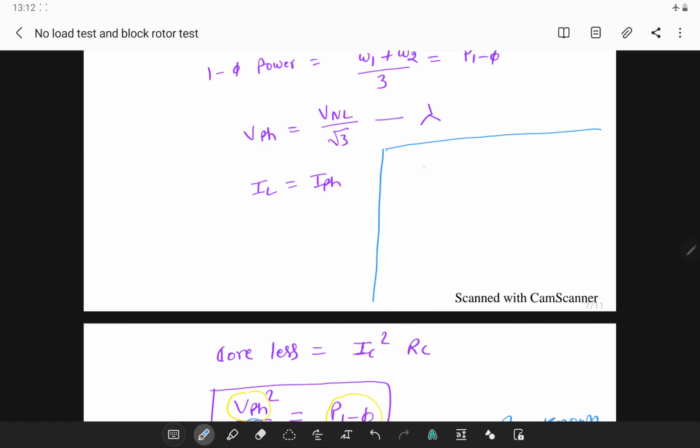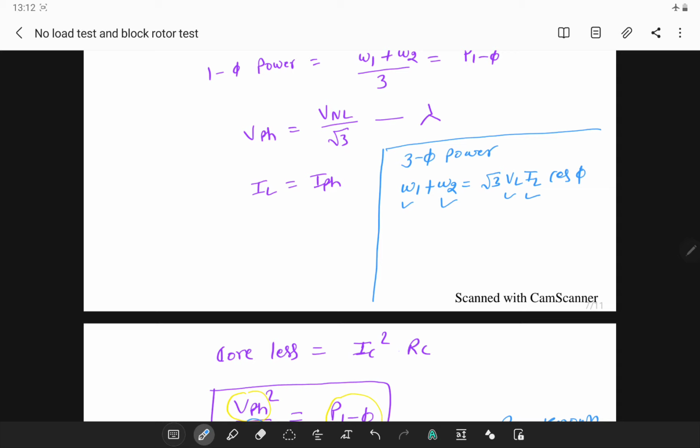So you can see three phase power is equal to W1 plus W2, and this is root 3 VL IL cos phi. Okay, so I know the value of W1, I know the value of W2, VL and IL.